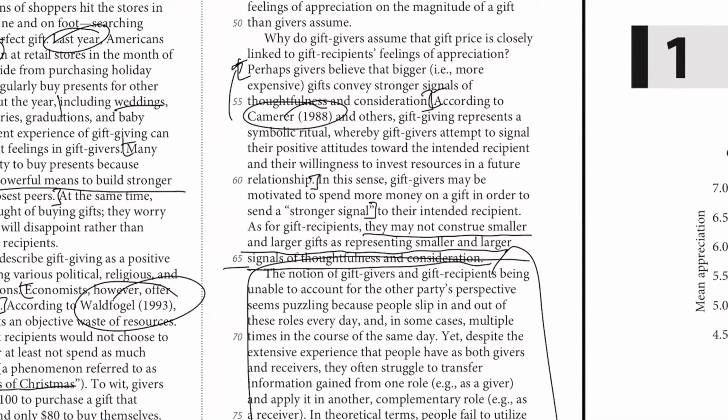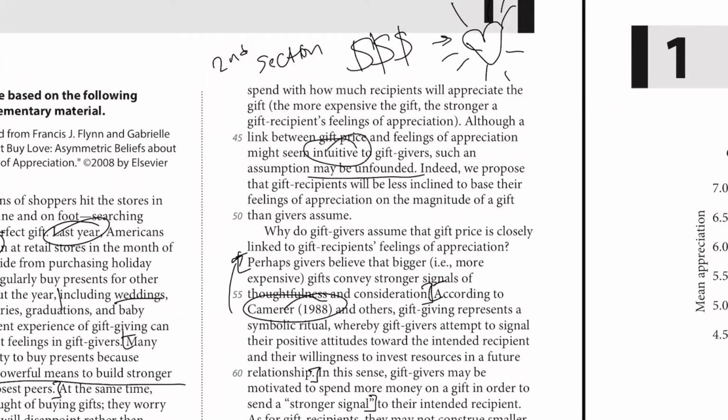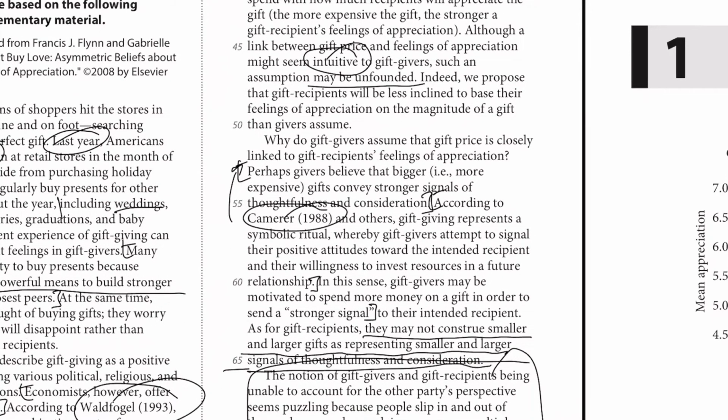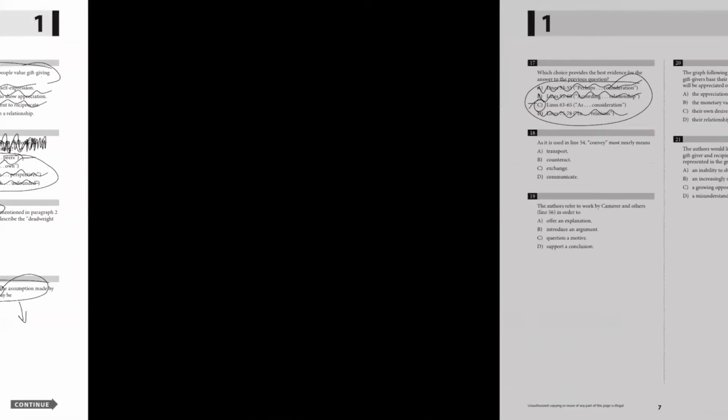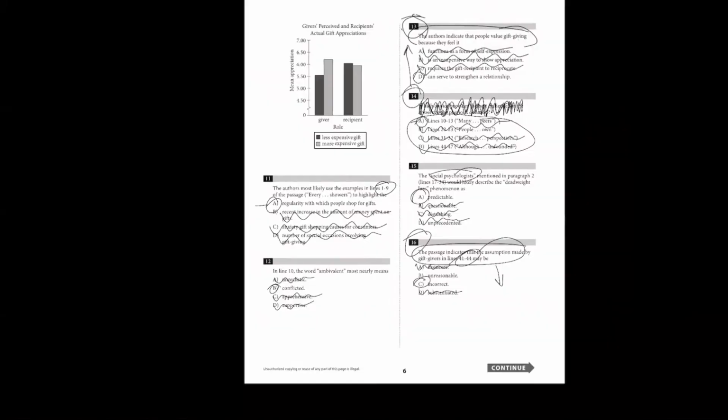Because the author is saying that it is reasonable that people think that if they spend more money, it will elicit more thoughtful behavior, or more love, and that's not the case. So they do expect it. They think it is reasonable because they predicted it. It's not unreasonable. It's reasonable because they even said it was intuitive up here. It was kind of reasonable, but it was incorrect. So for that reason, C is the correct answer here.